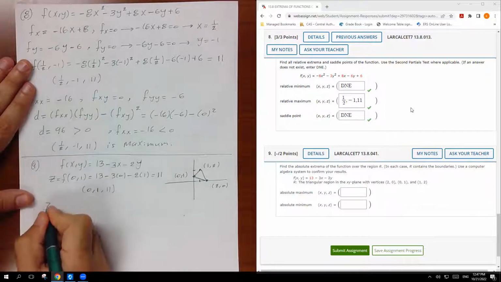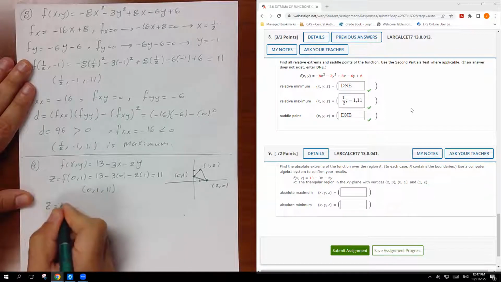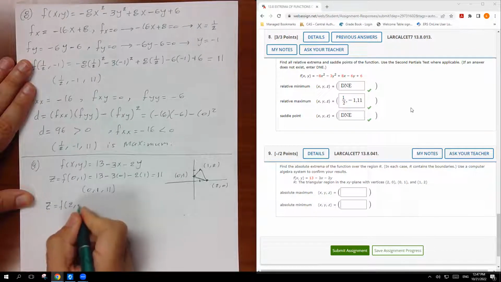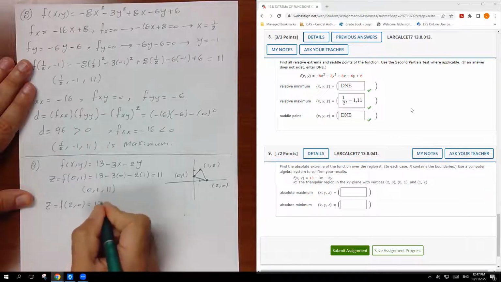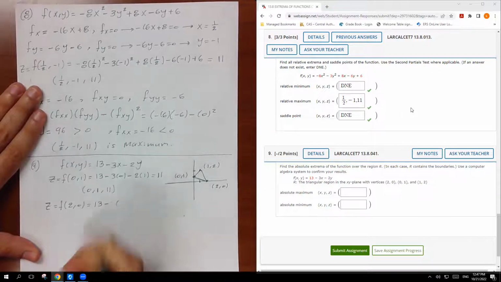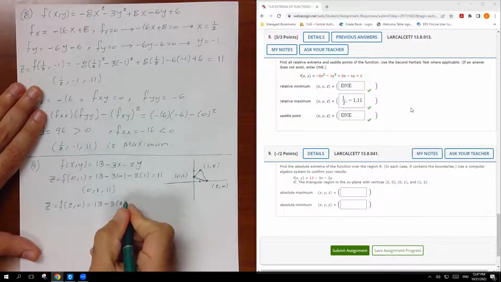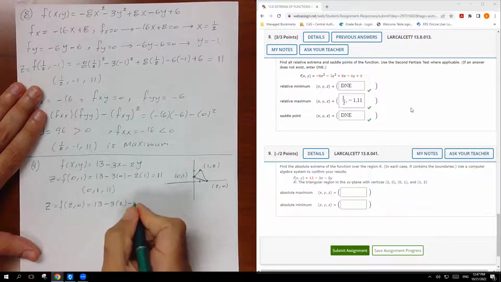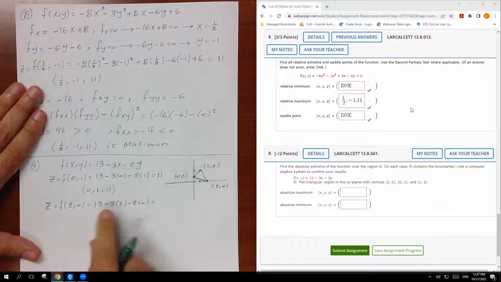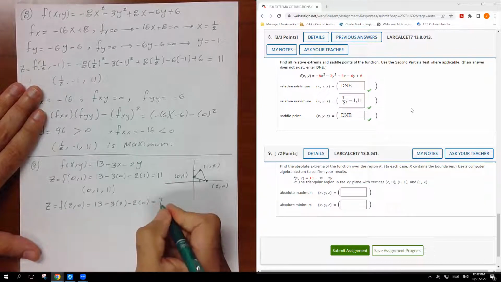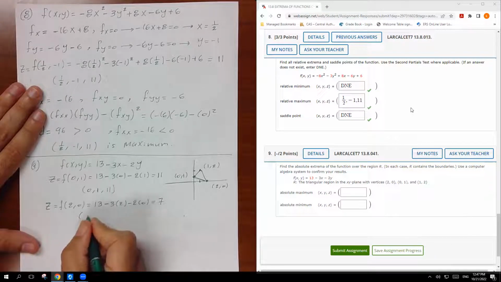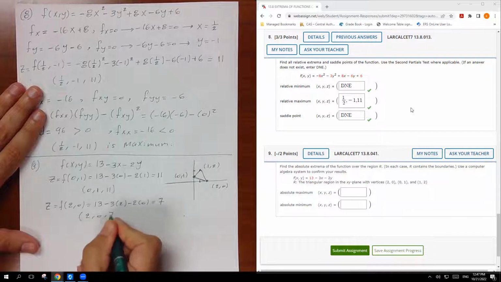The second point z equals f of (2, 0), which is 13 minus 3 times 2 minus 2 times 0, which is 13 minus 6, so 7. So the second point is (2, 0, 7).